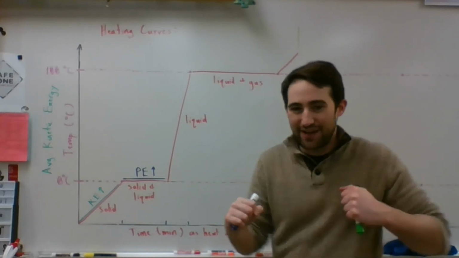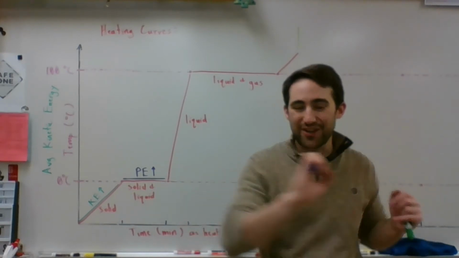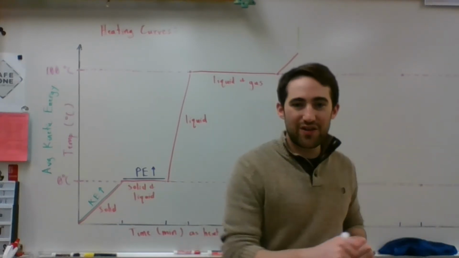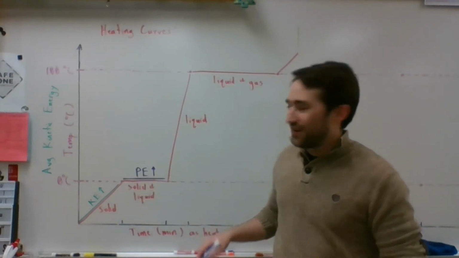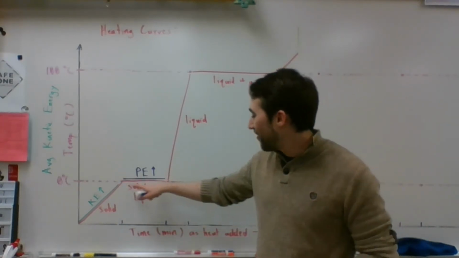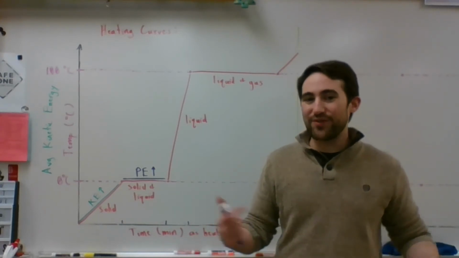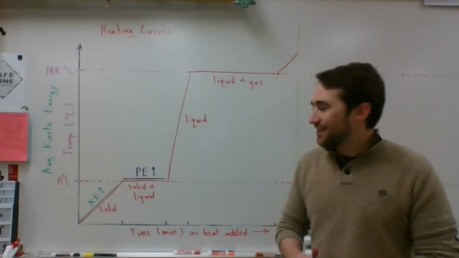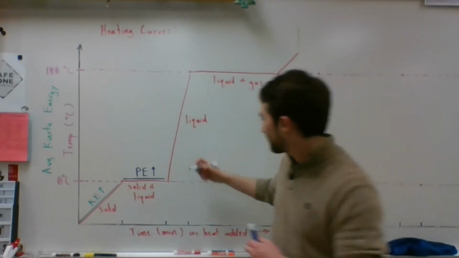Our solid is now working its way out into a liquid where the particles can roll around, move past each other, rotate, until we basically spread out all that we can for this much energy. Once we have changed all of our solid into a liquid, then our liquid can start moving faster and faster again. That heat starts being used to increase the kinetic energy.